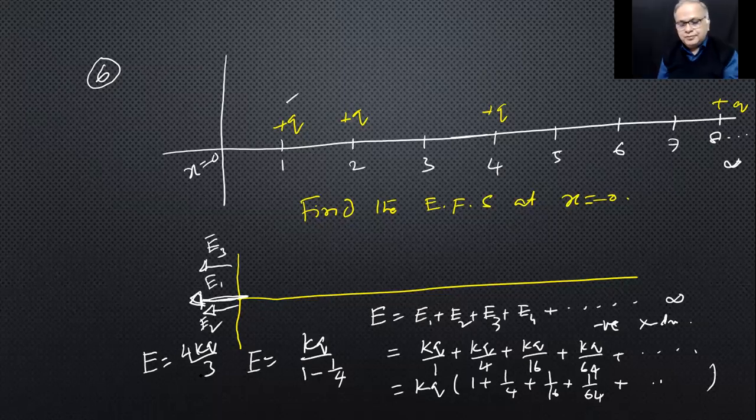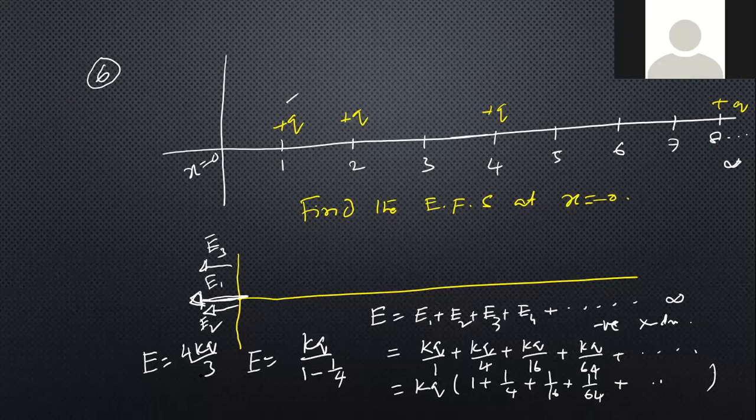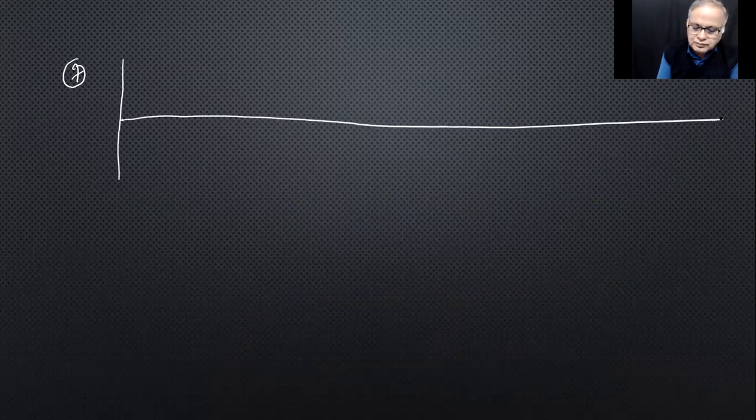So, children, can I continue? Seven. I'll just change the same question slightly. X equals 0 here once again.